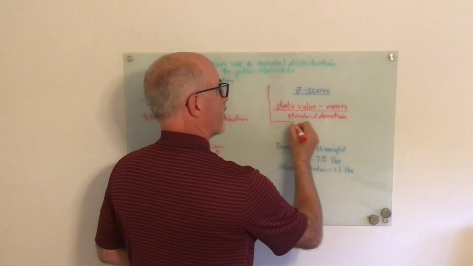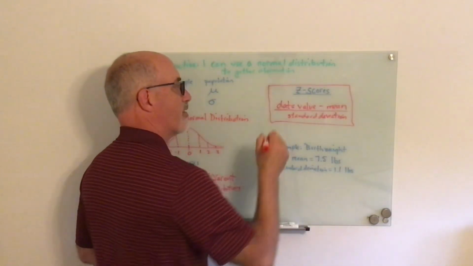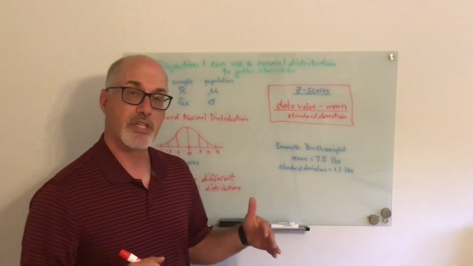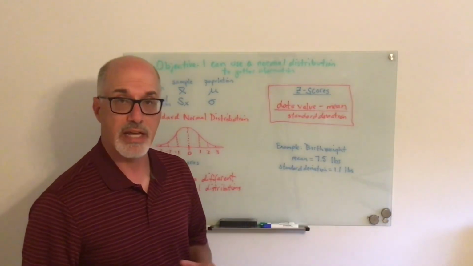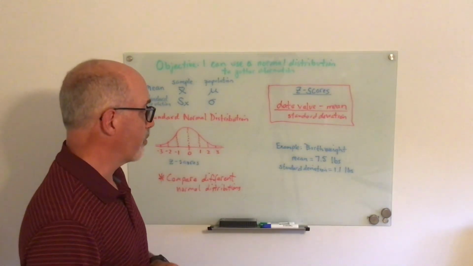So this is the formula we'll use to convert it. Every normal distribution can be converted into this standardized version called the standard normal distribution.